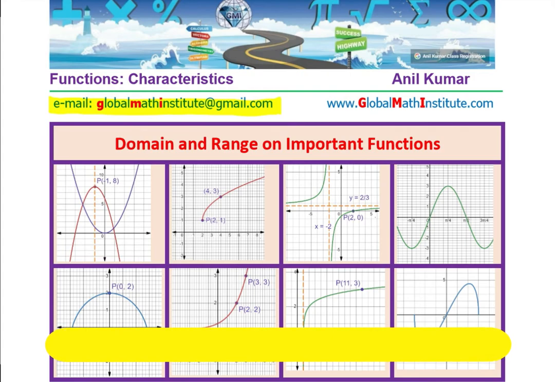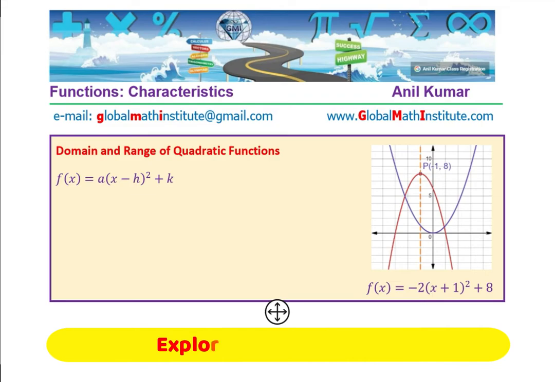Okay, so let's begin with the very basic function, which is the quadratic function. Here, when we talk about functions, we will relate to y equals x squared for the quadratic function, and then see the transformations.